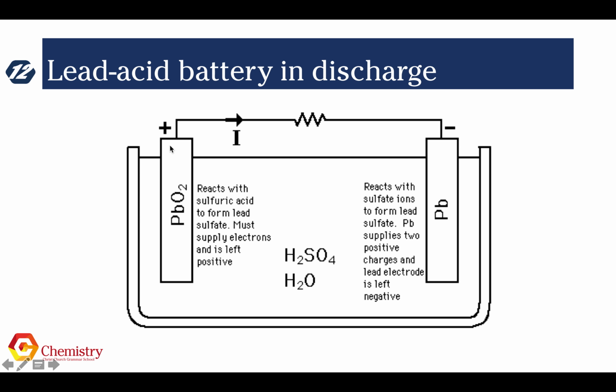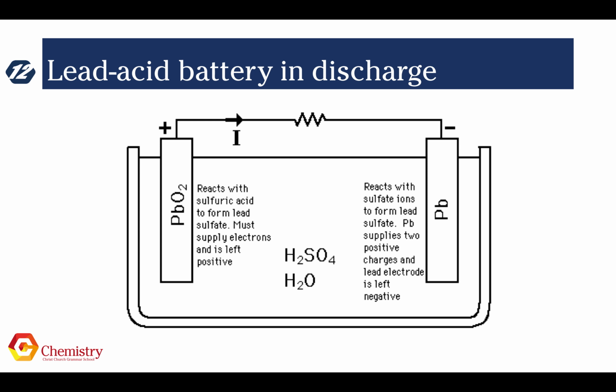We've got the lead oxide electrode, PbO2, and we've got the solid lead electrode. The electrolyte in this case is sulfuric acid, and obviously that has to be with water, so that there's hydronium ions.